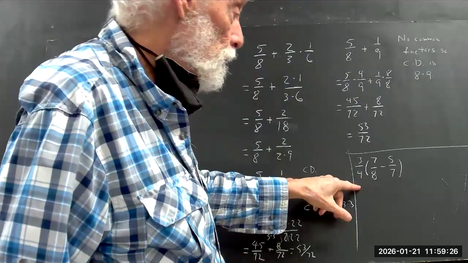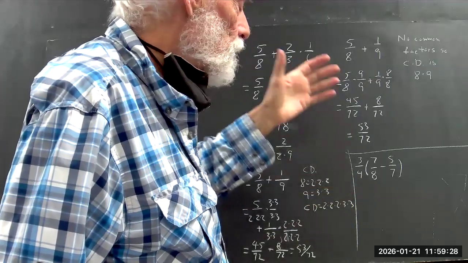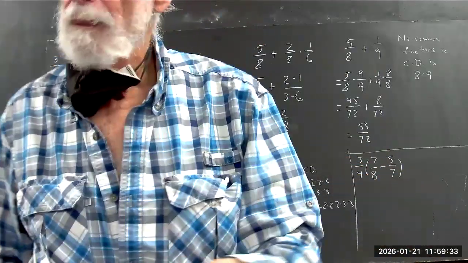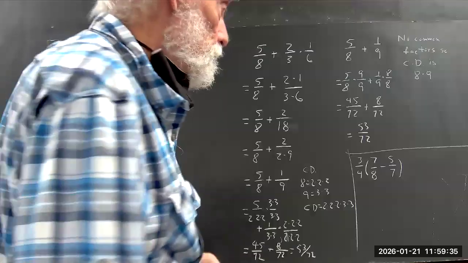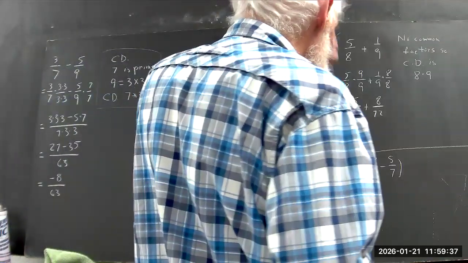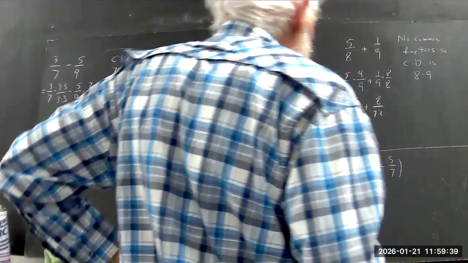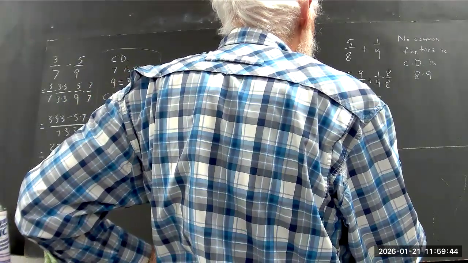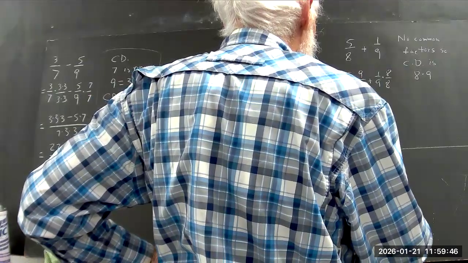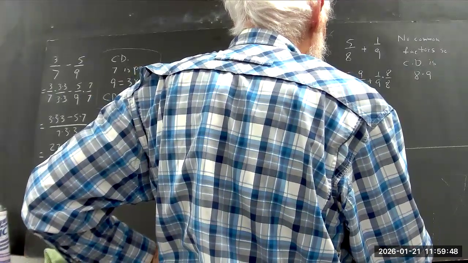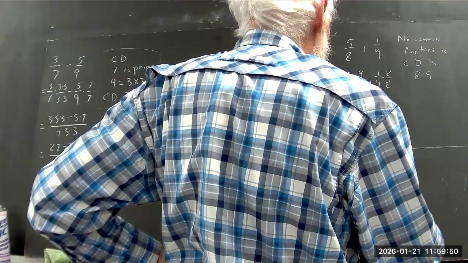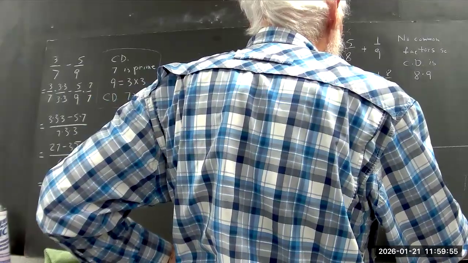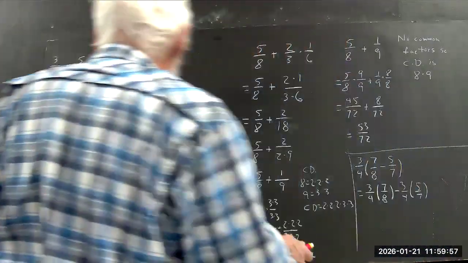Now we have 3/4 times the quantity 7/8 minus 5/7. What do we do here? Well, this equals 3/4 times 7/8 minus 3/4 times 5/7.